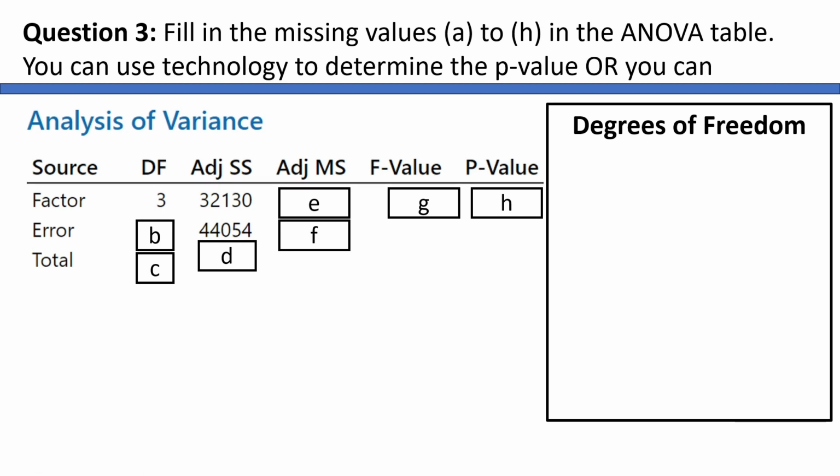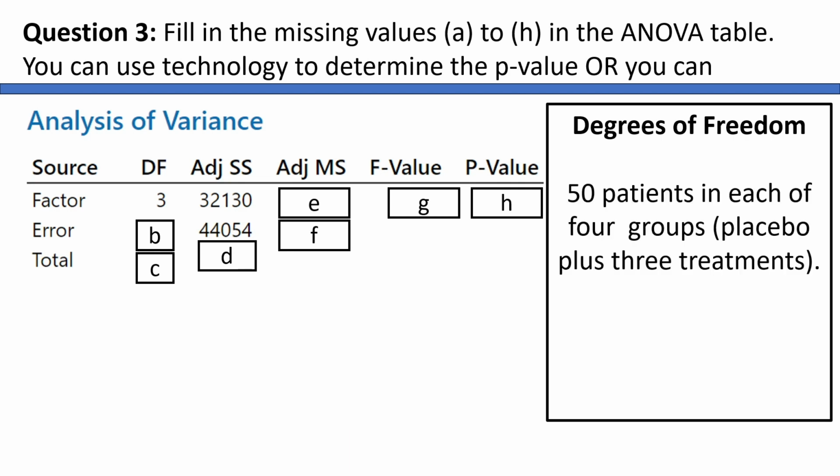The degrees of freedom in total, I'm going to hit next. That's easy. That's just the total number of measurements minus 1. So we have 4 groups, 50 people in each group. That means we have 200 measurements in total. And so the degrees of freedom for the total is just 200 minus 1. It's 199.